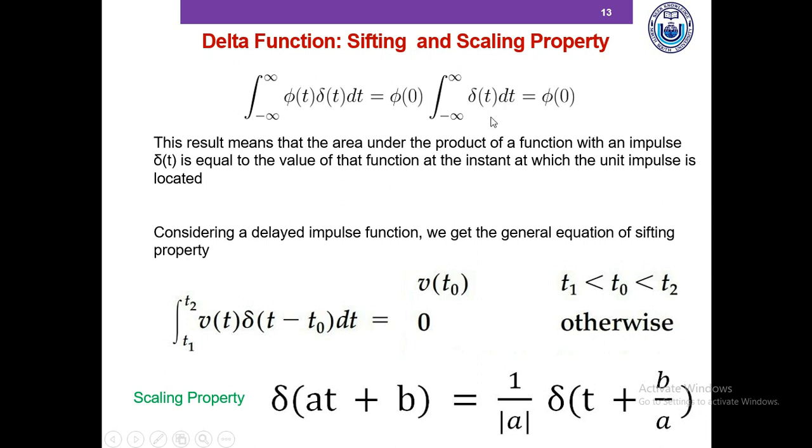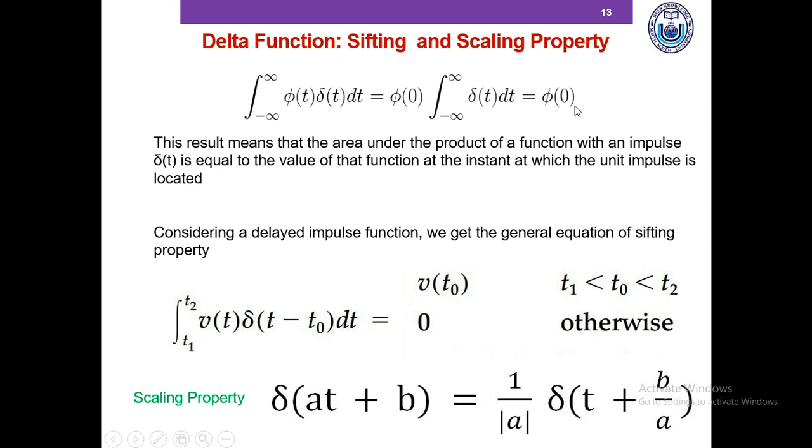By definition of the delta function, this integral is equal to 1. That is why the value on the left side of this equation is φ(0). This result means that the area under the product of a function φ(t) with an impulse δ(t) is equal to the value of the function at the instant at which the unit impulse is located.